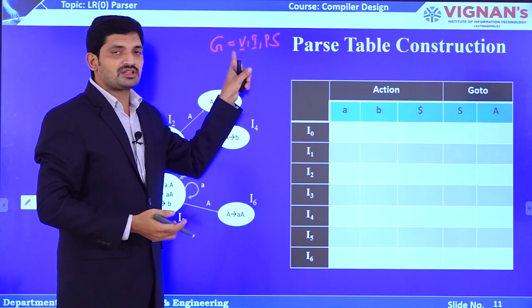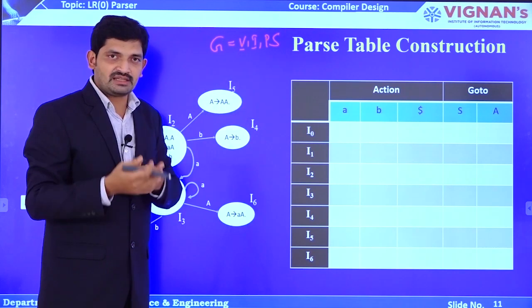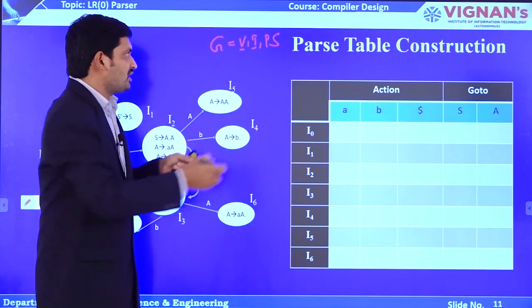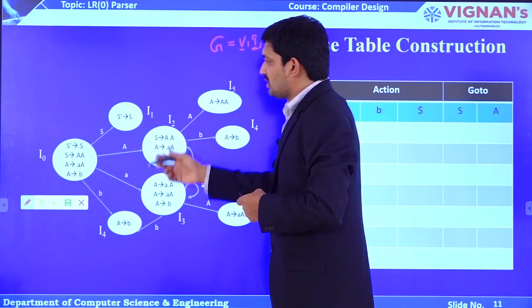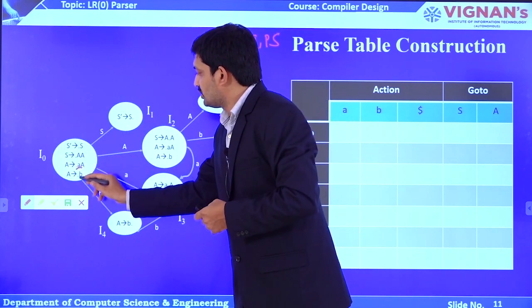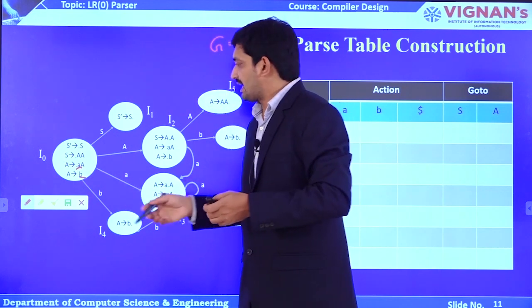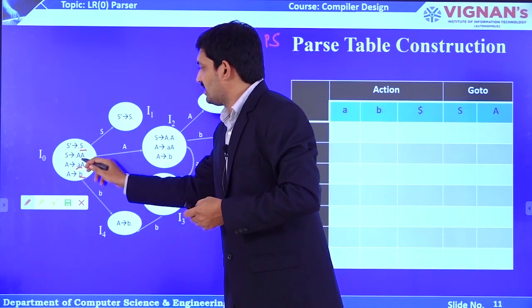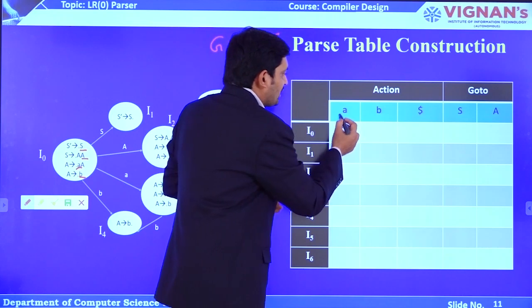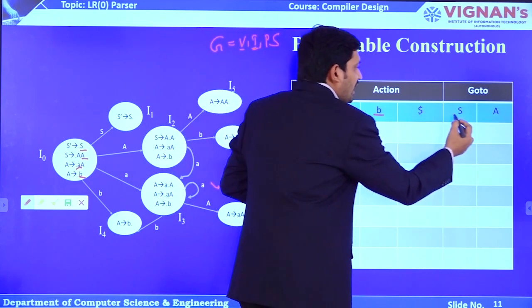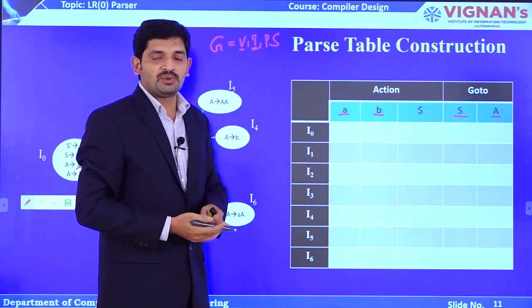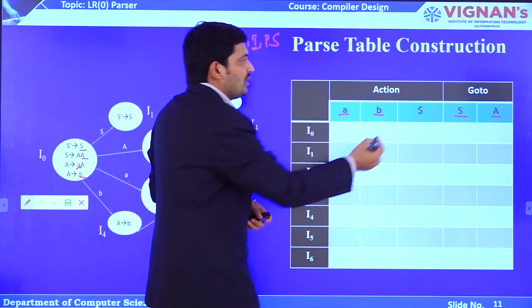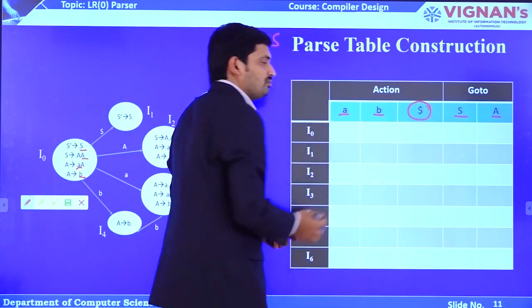All the capital letters come under the variables, and except capital letters, everything is treated as terminals. So in this given grammar, the terminals are small a, small b, and the capital letters are S and A. In the action part, small a, small b, and in the go to part, capital S and capital A. And in the action part, along with these terminals, we have to keep the dollar symbol.